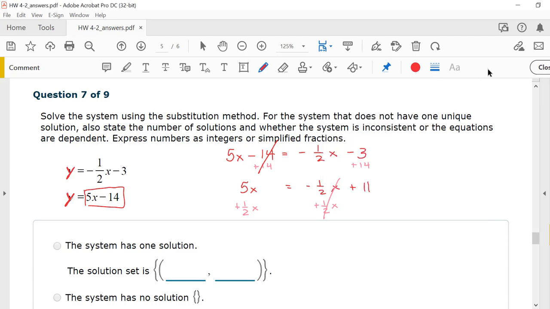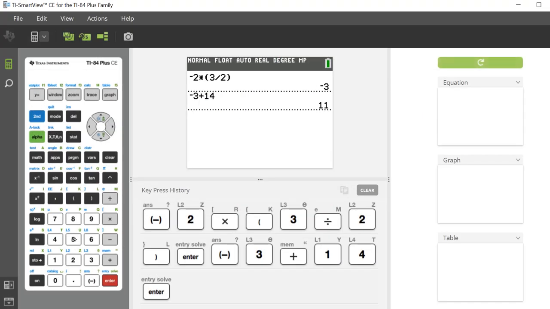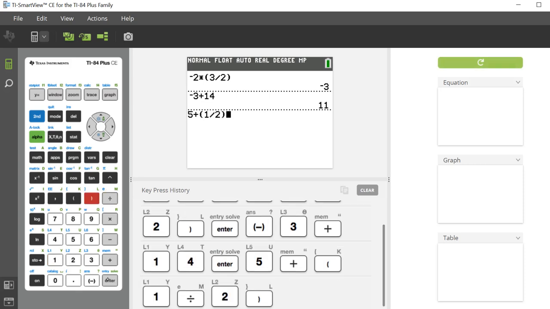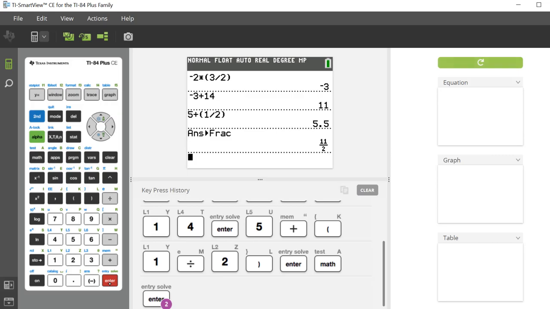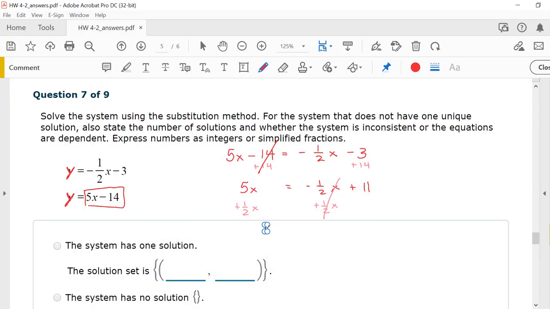5x plus 1/2 x, 5 plus 1/2 is, as a fraction, 11/2. So 11/2 x equals 11.